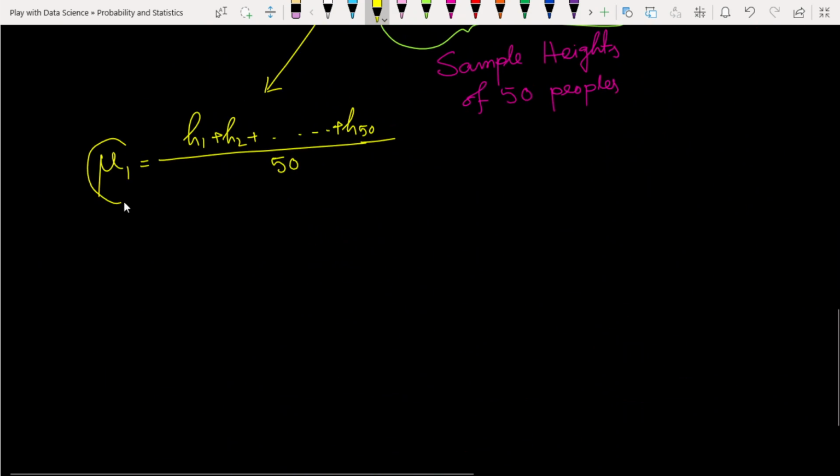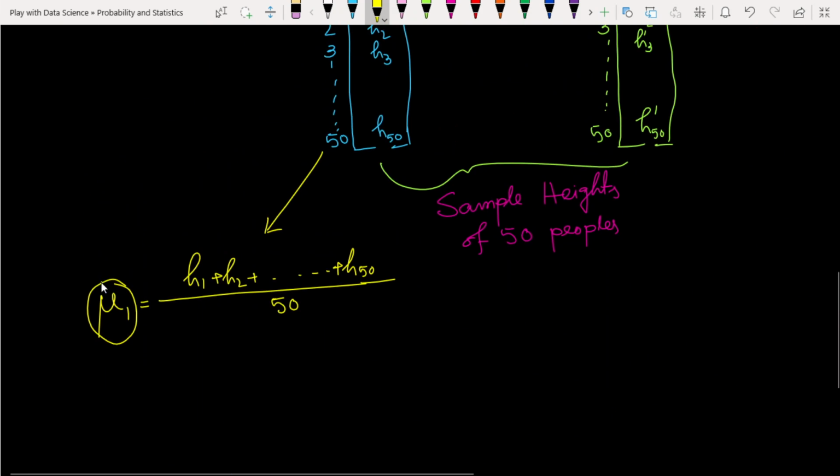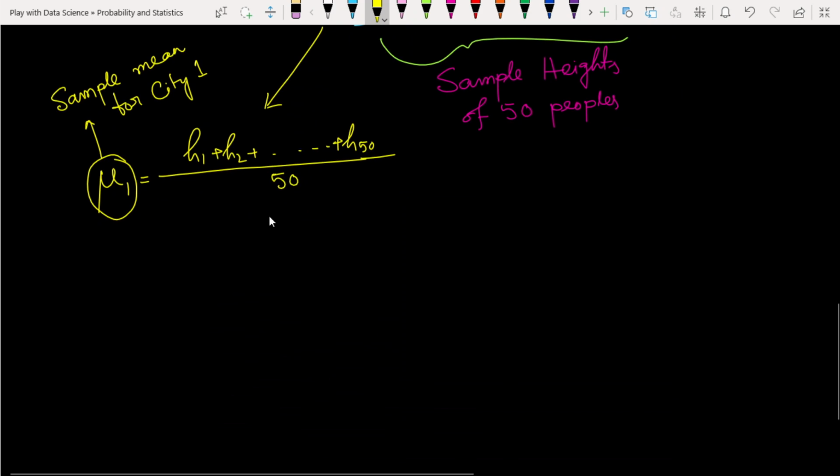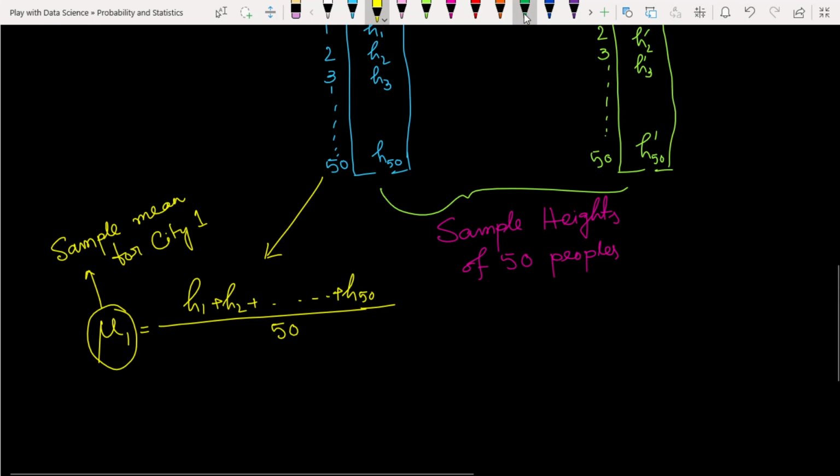These are the sample mean for city 1. Similarly, we can easily calculate this value for mu2.